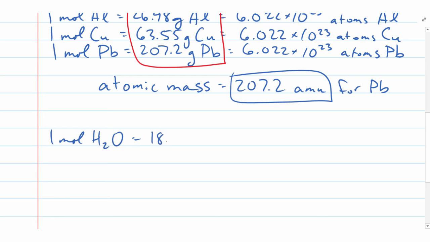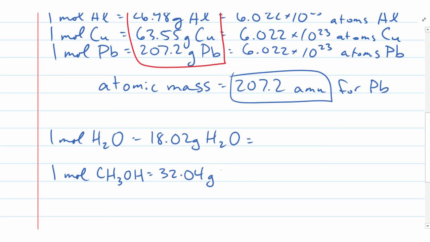And in this mole of H2O, I have 18.02 grams of H2O. And in the other one here, I have 1 mole of methanol. And methanol has a formula of CH3OH. And this has a mass of 32.04 grams of CH3OH.